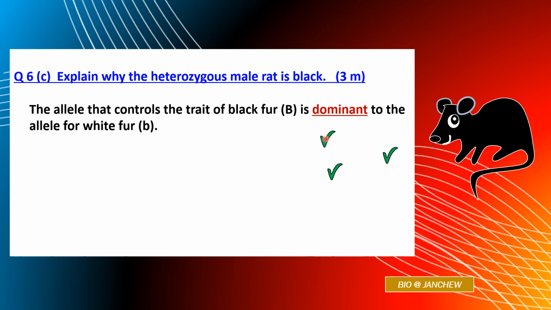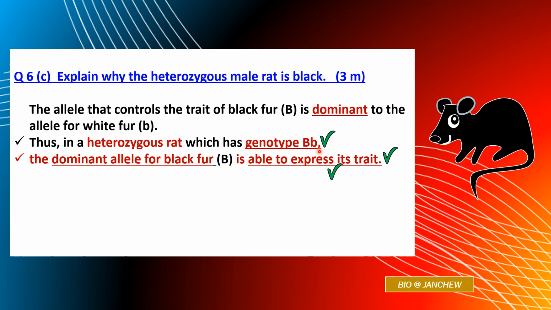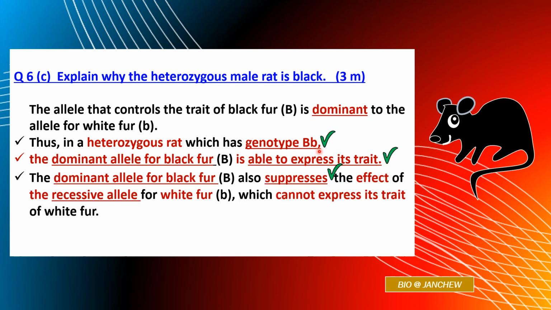It means that in a heterozygous rat, the black rat which has genotype big B, small b, the allele for black fur is able to express its trait because it's dominant. At the same time, it suppresses the effect of the recessive allele for white fur, which cannot express its trait of white fur.